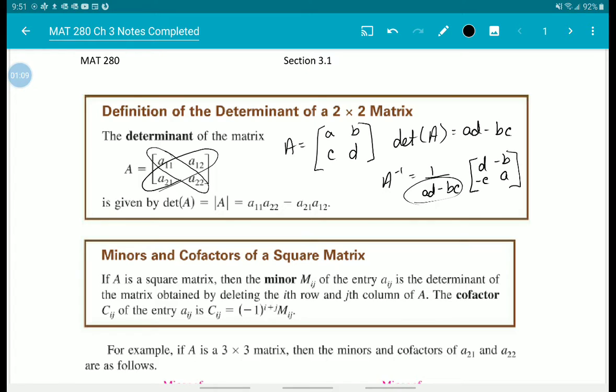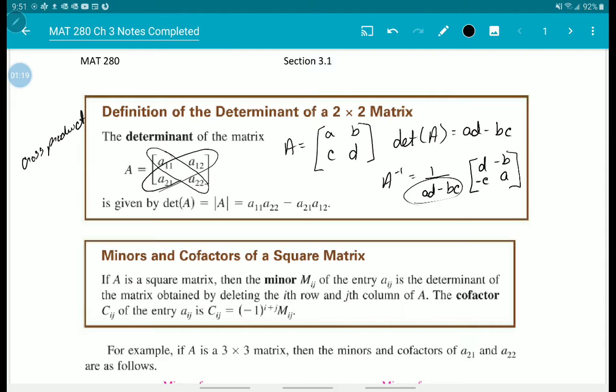You actually saw some back in 171, if you guys remember the cross product. The cross product happens when you take two vectors and you put ijk across the top. I'll call it v1, v2, v3, and then w1, w2, w3.